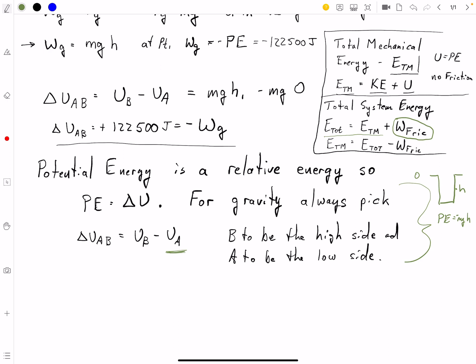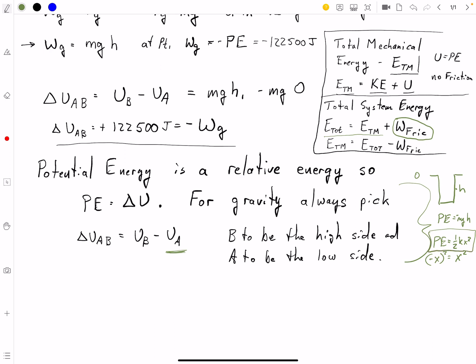But for a spring, because your potential energy is equal to 1/2 kx squared, it doesn't matter what position you're at, whether it's a positive or a negative position. Once you square it, negative x squared still equals x squared, so that's always going to be positive, okay?